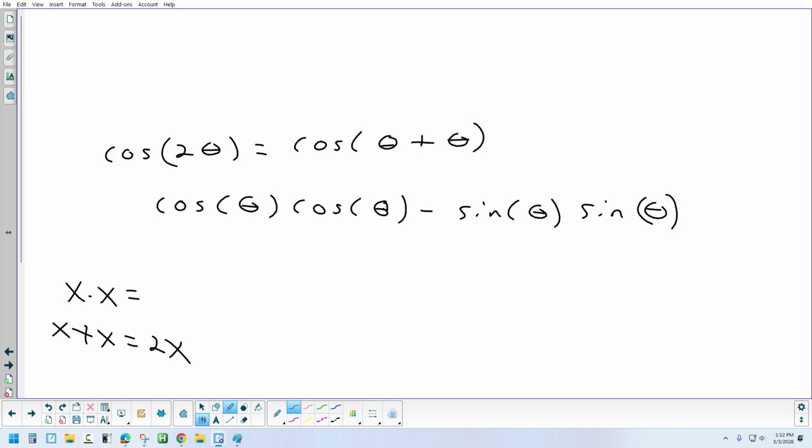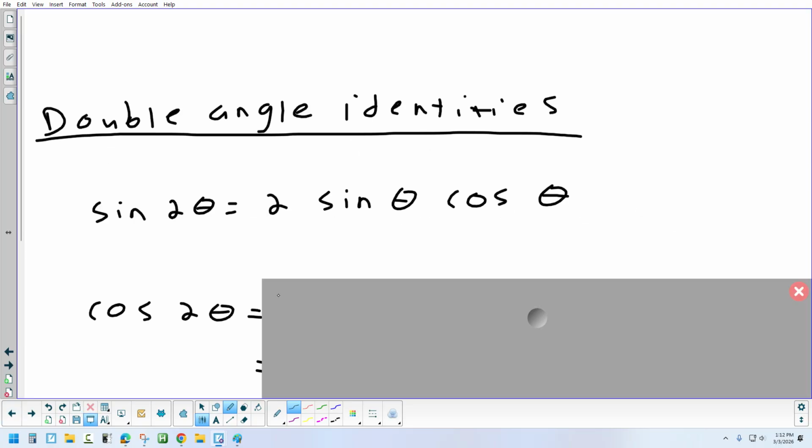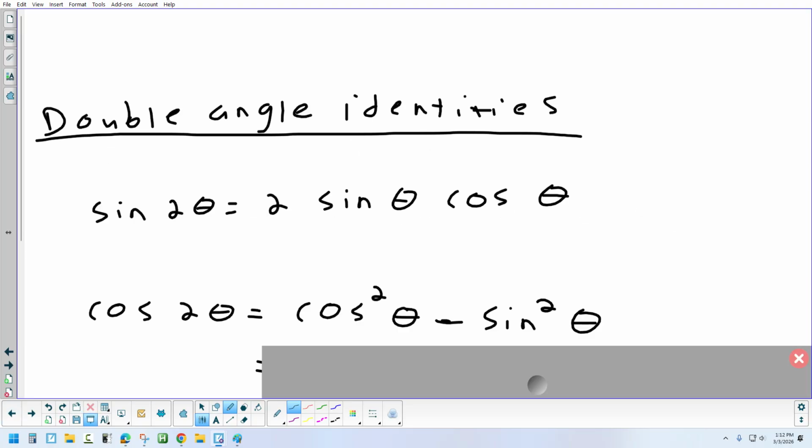Cosine theta squared minus sine theta squared. Yeah. So it's going to be, I have it written right here. We have a cosine times a cosine, which is cosine squared, minus sine times sine. That's sine squared.